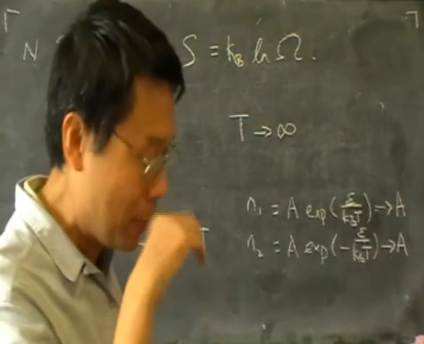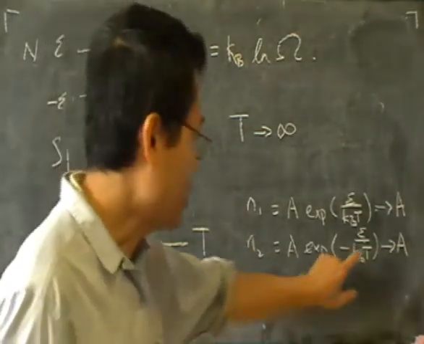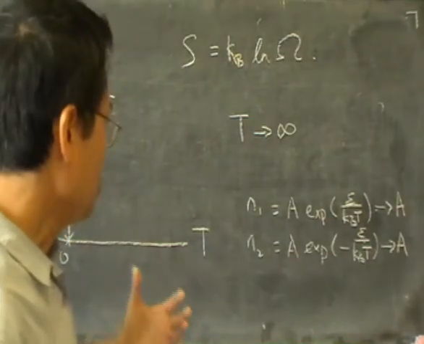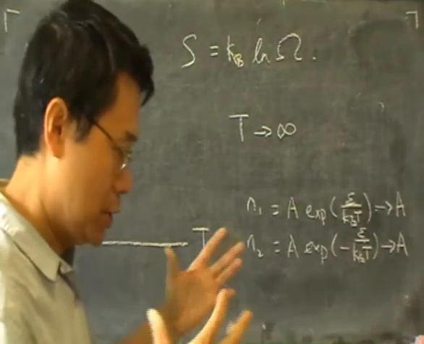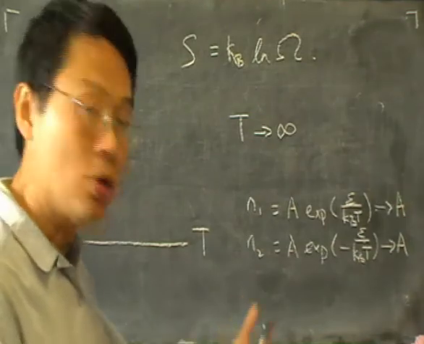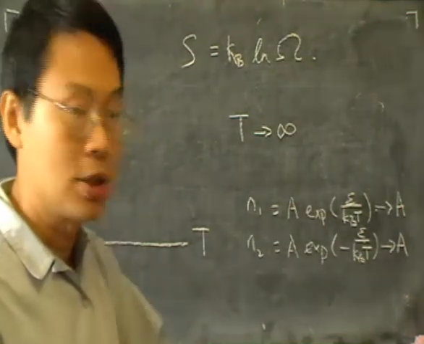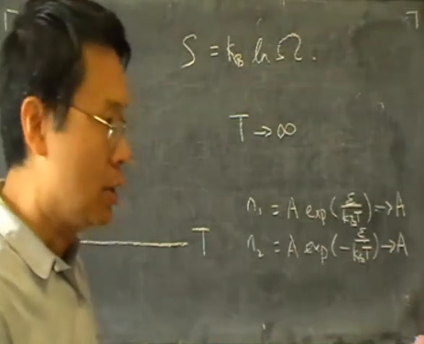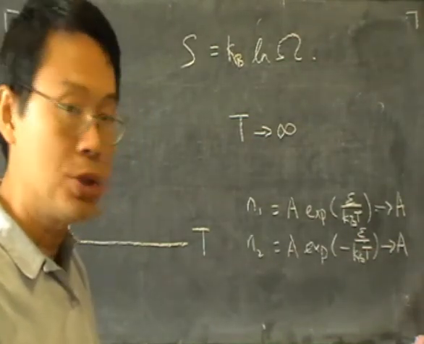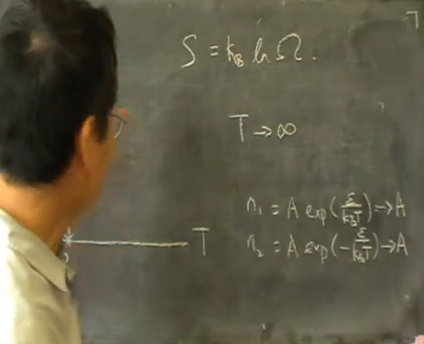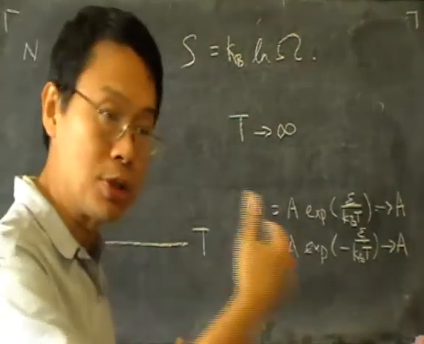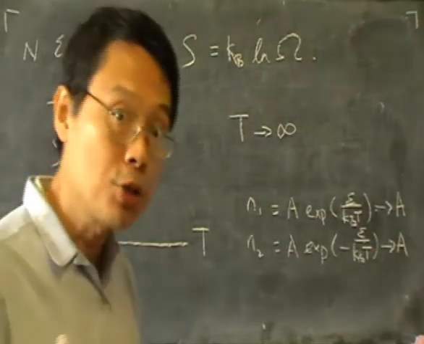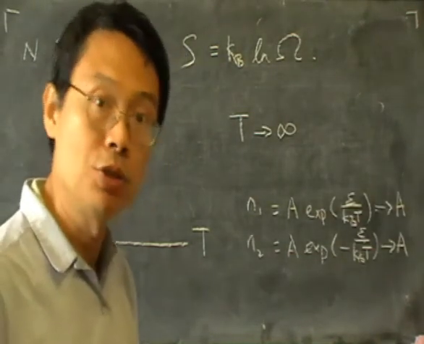But when we have a temperature T, this system is in contact with a surrounding which has this very high temperature. So the system is in equilibrium with a surrounding temperature, and you're not actually pumping in as much energy as you like.